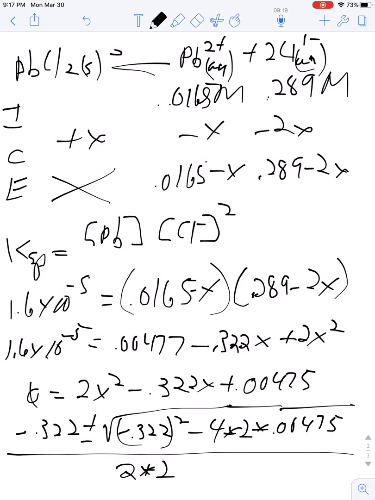If you end up with a negative molarity, you just disregard that one, okay?